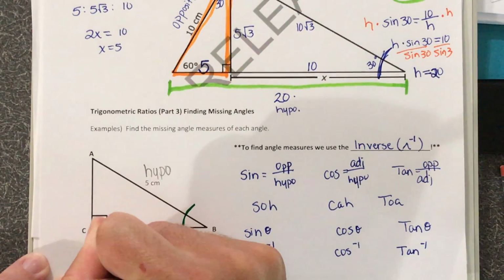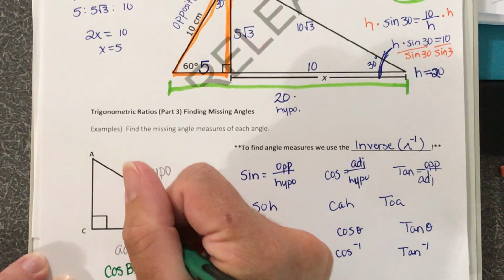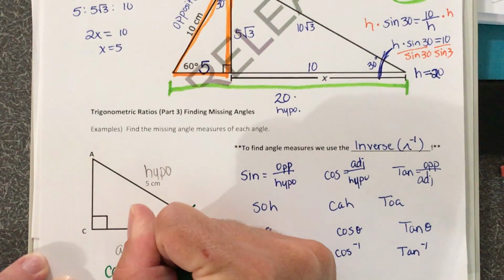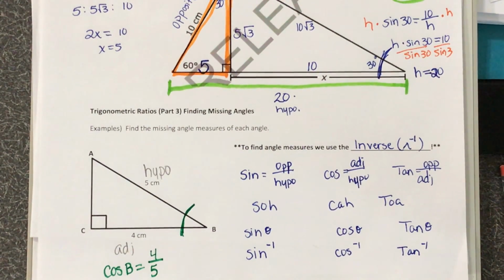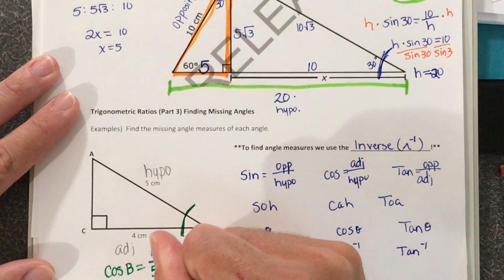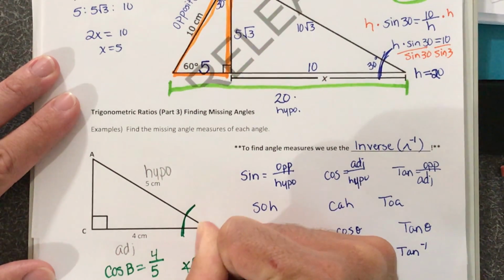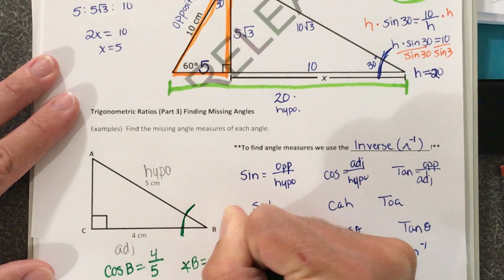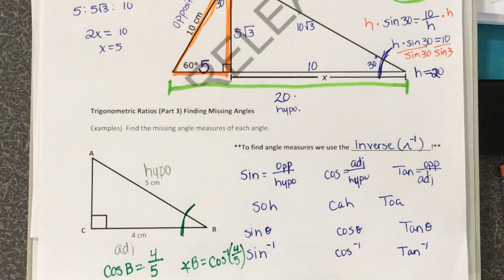So cosine B is equal to 4 over 5. So to find angle B is equal to cosine inverse 4 over 5. We would type that into our calculator, and it would give us the angle measure.